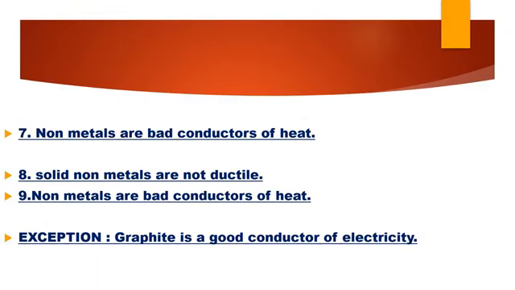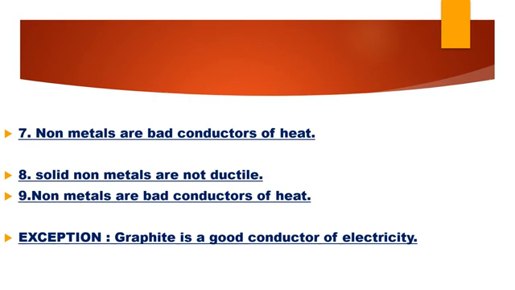Non-metals are bad conductors of heat. Yes, they won't conduct heat properly. Then solid non-metals are non-ductile. Ductile means we can make thin wires, and non-metals cannot be made into thin wires. And non-metals are bad conductors of heat as well as electricity. Then we have some exceptions.